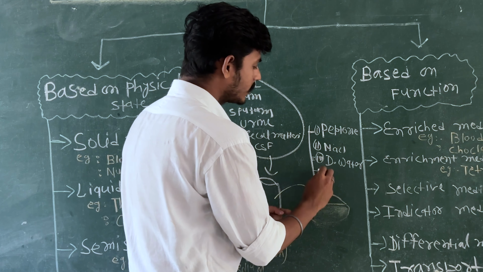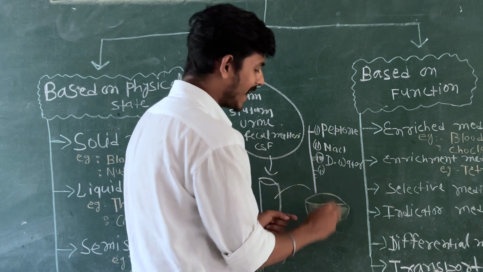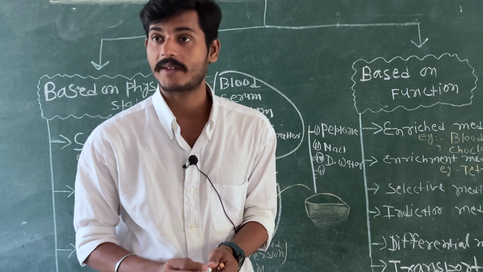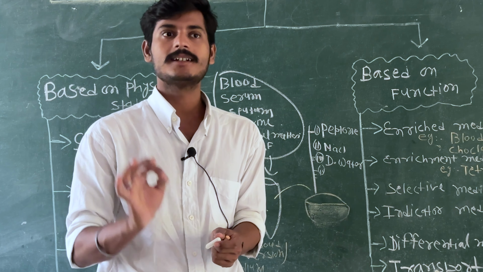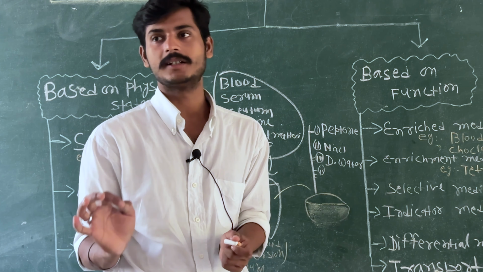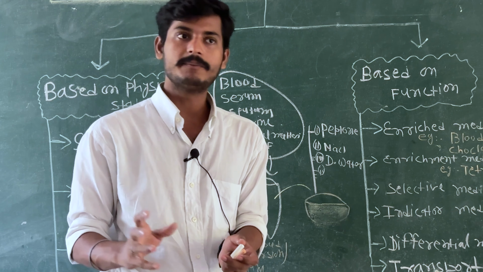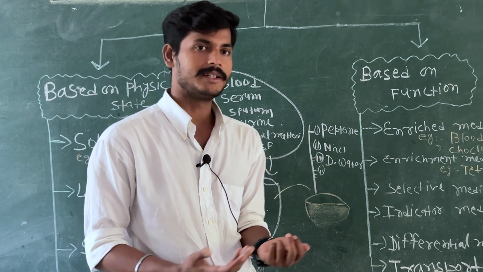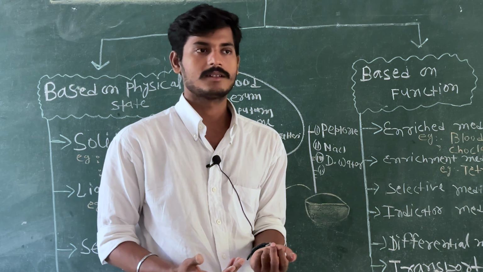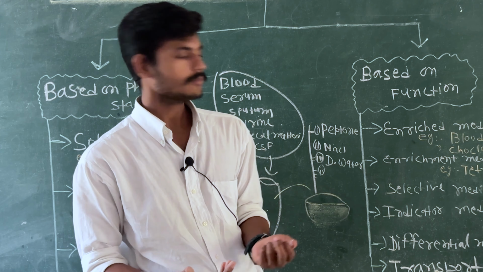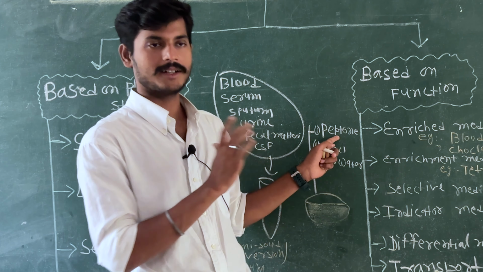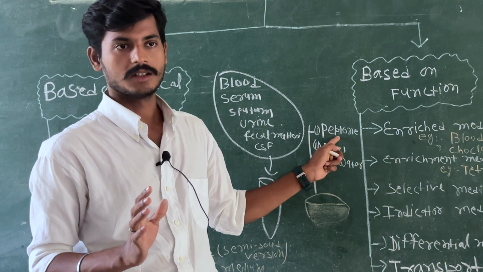Now the fourth thing we are going to add here is the meat extract. Basically beef meat. Which meat? Beef meat. Now what is the use of this meat here? Source of protein? Yes? For that we already provided the peptone.